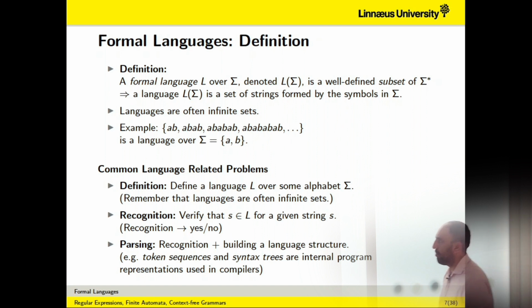And then we also have a problem related to recognition, known as parsing. If you have a language and you want to validate it, usually you use a compiler, and in the compiler you have this parsing process.